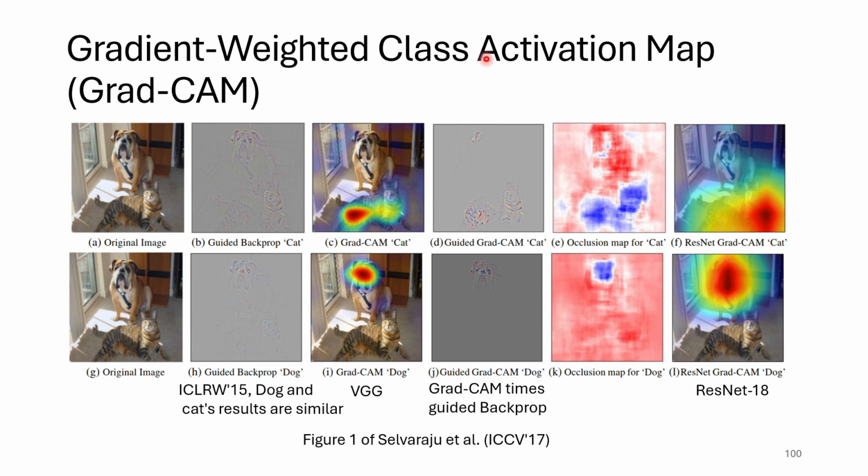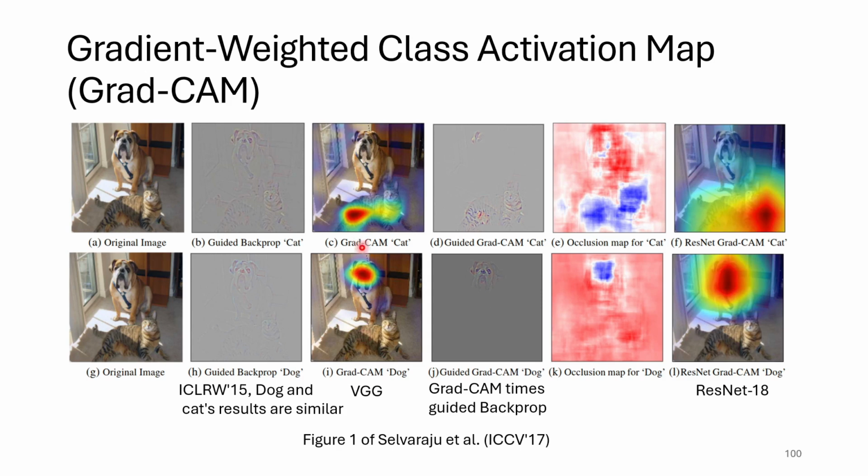Here is an example. Because they trained their network on ImageNet, there are 1,000 classes, and of course there are classes of cat and dog. What they want is for their algorithm to show where the cat is. So as you can see, this is the cat, and this is the dog.